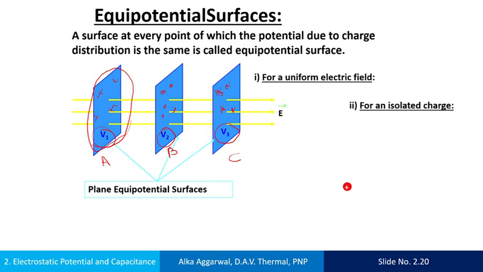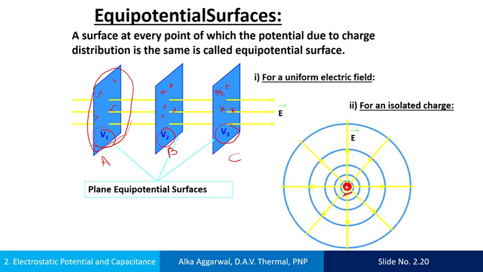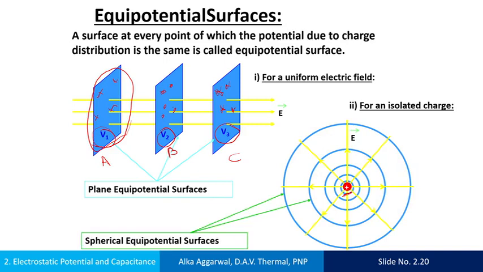For an isolated charge, say this point represents the positive charge. Yellow lines show the electric field lines coming out from the positive charge, and the blue circles show the equipotential surfaces. These surfaces are spherical in shape.